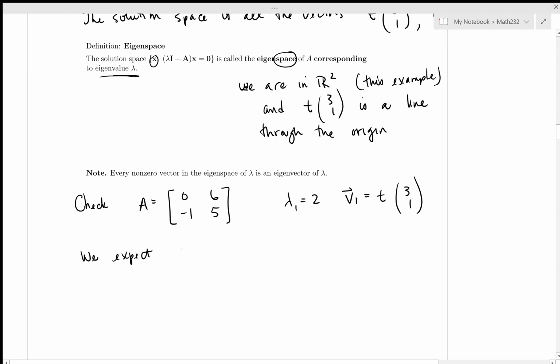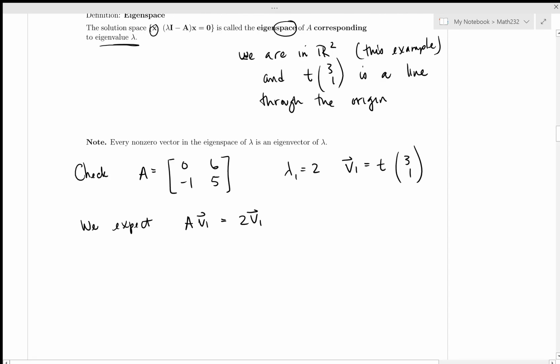We expect that A multiplied by V1 will equal 2 times V1. That is the expected situation, because that is what these things are. Right? That is the definition there of what is an eigenvalue and what is an eigenvector, and we found them. So let's see if it works.